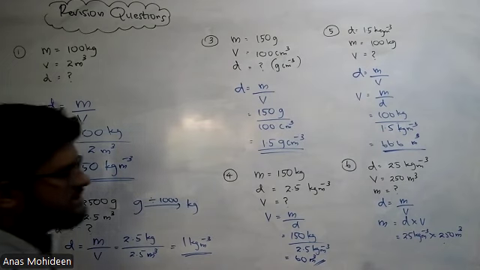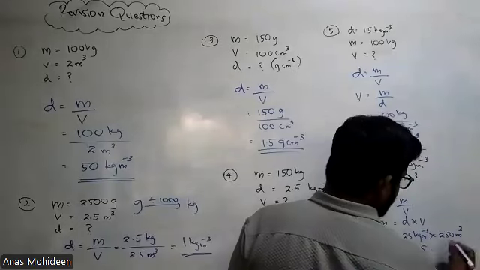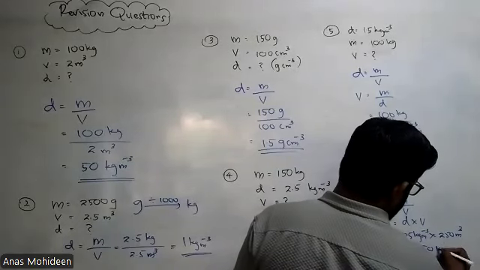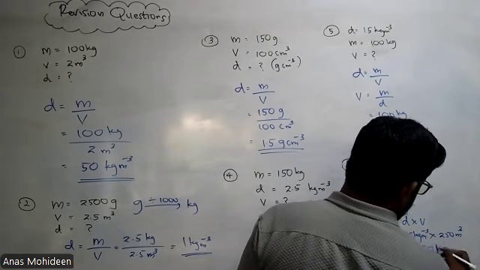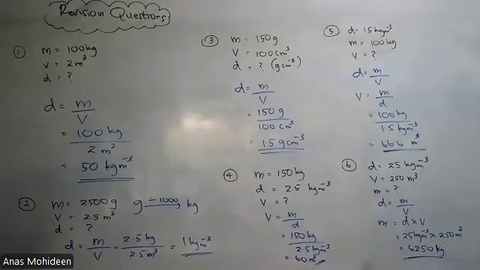Okay, so what's the answer you get here? 25 into 25 is 625, then 0, so it has to be in kilograms. 6,250 kilograms. Check if it's correct.